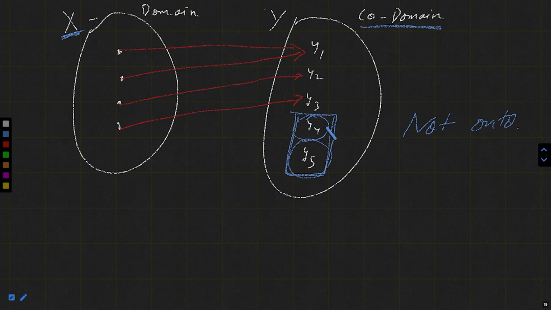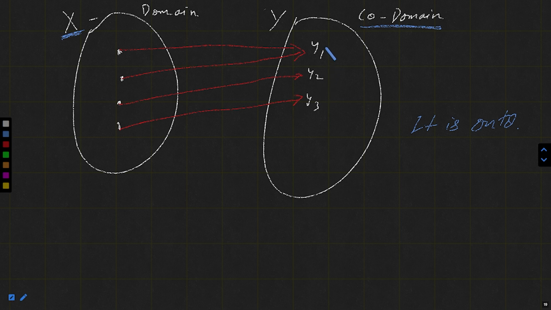In order to make this onto, what do we need? Either you can remove them, then now it is onto. Why? Because every element in the codomain set, now my codomain is just y1, y2, y3. Previously my codomain was y1, y2, y3, y4 and y5.